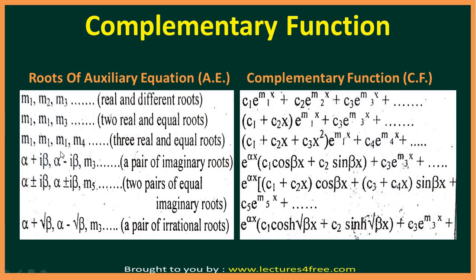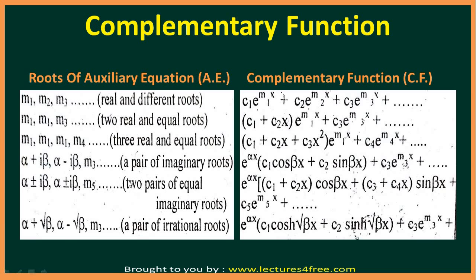For these you will get the complementary function like this: e to the power alpha x, means e to the power the real part of that imaginary pair times x, then one constant c1 cos beta x, means the imaginary part beta and x, plus c2 sin beta x. And m3 is some real root, so for m3 you get a separate term.